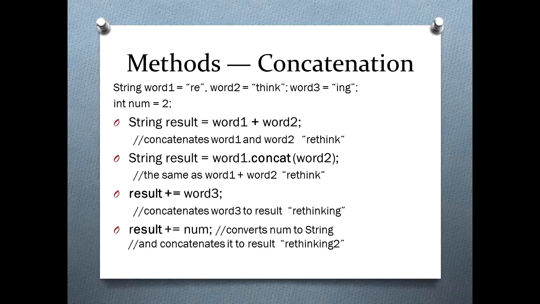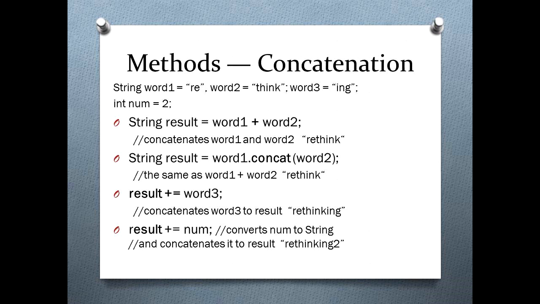The next one is concatenation. Concatenation is nothing but joining more than one word. Here I have taken word 1 as Re, word 2 as think, word 3 as ing. Let us learn how to concatenate all the three words. First we'll concatenate two words. String result is equal to word 1 plus word 2.